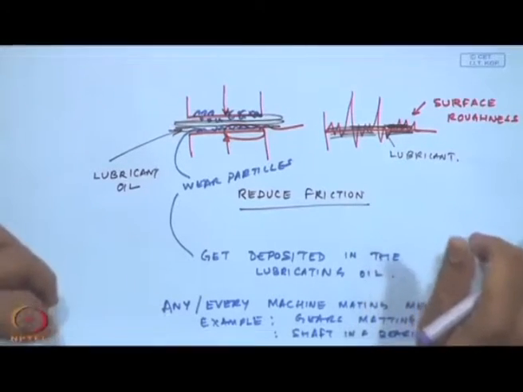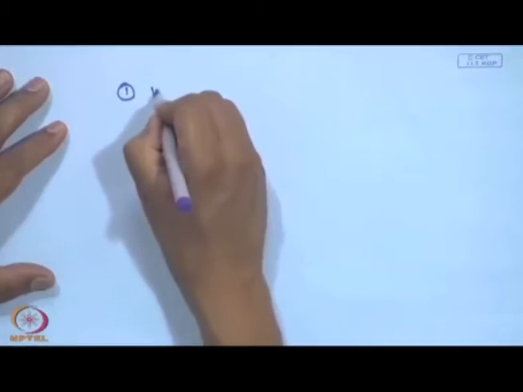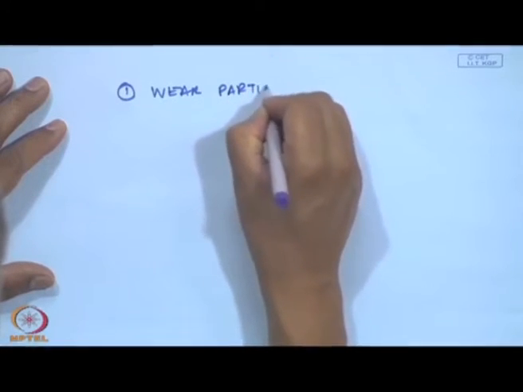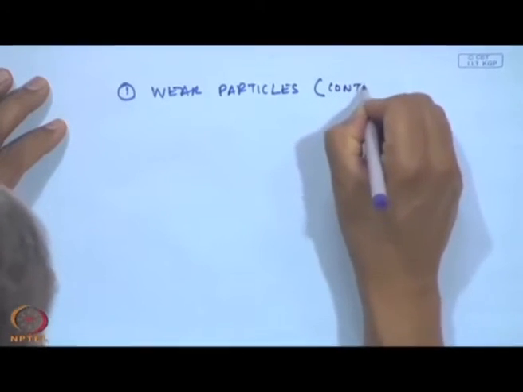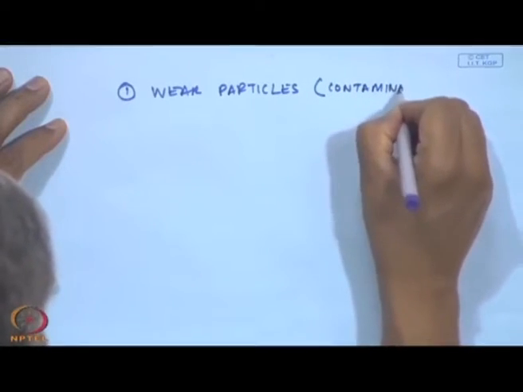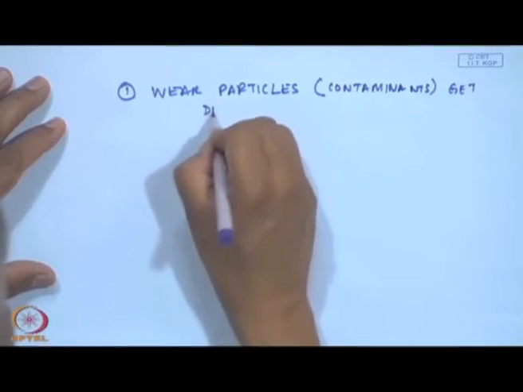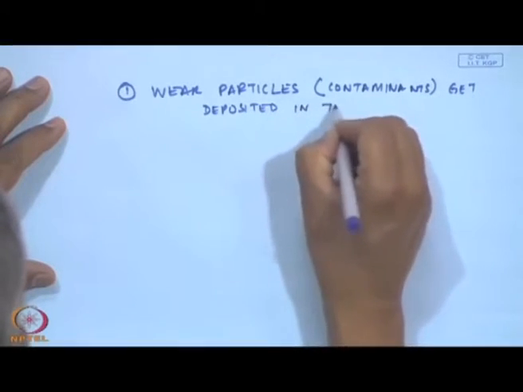Okay. So, two important things happen. Number one, because of such a process, the wear particles, which we call contaminants, get deposited in the oil.